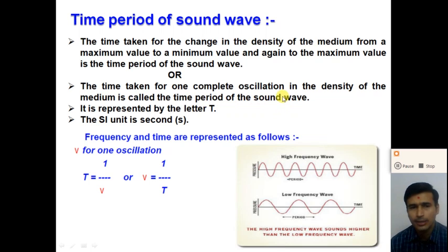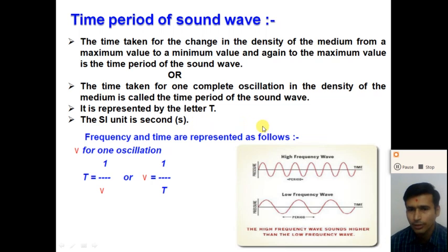Simply, the periodic time is the time taken for completion of one oscillation. It is represented by the capital letter T and the SI unit of the time period is the second.